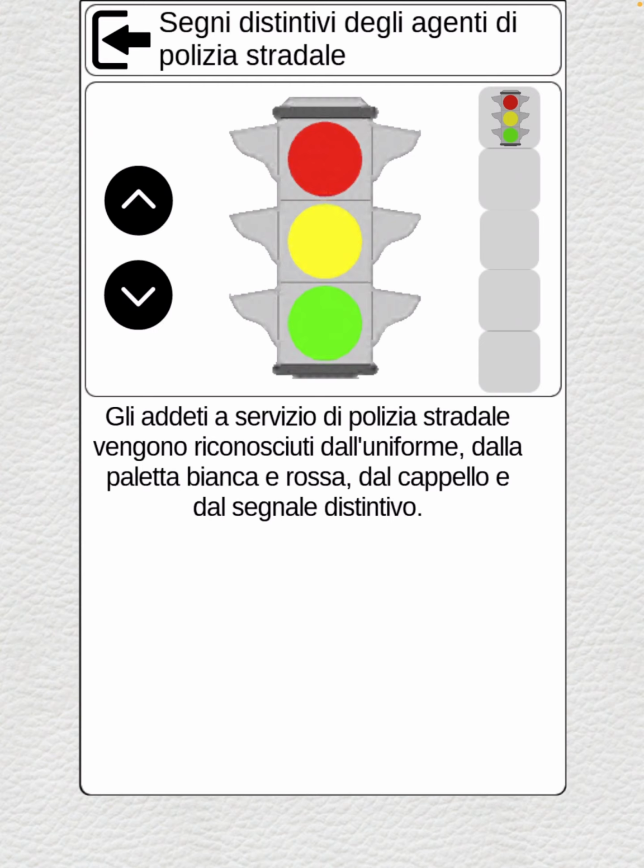You see them with uniform, with cap, with paletta, that bat they normally hold. Listen to this place: that bat they normally hold. Paletta bianca e rossa. Memorize this one. Every question, when you see the bat they hold, which color does he have? Paletta rossa e nera? No. Paletta bianca e rossa. The two colors he has, white and red.